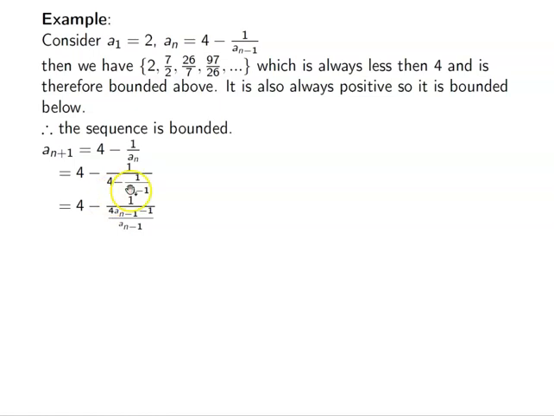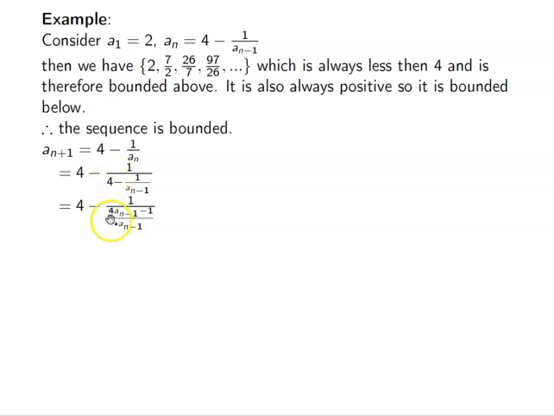So when I do some math, I would like to have a fraction and a fraction and a fraction, right? So let's try to combine like terms. My denominator here is a n minus 1. So I'll multiply this 4 top and bottom by a n minus 1. So I have a common denominator of a n minus 1.